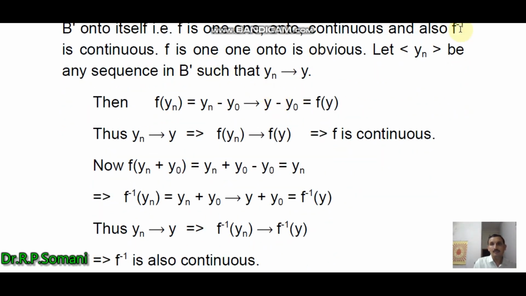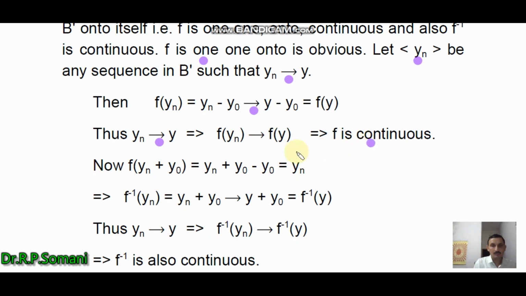One-one and onto is obvious. Let y_n be a sequence in B' such that y_n tends to y. Then f(y_n) = y_n - y0 tends to y - y0 = f(y). Therefore, as y_n tends to y, f(y_n) tends to f(y). Therefore, f is continuous.